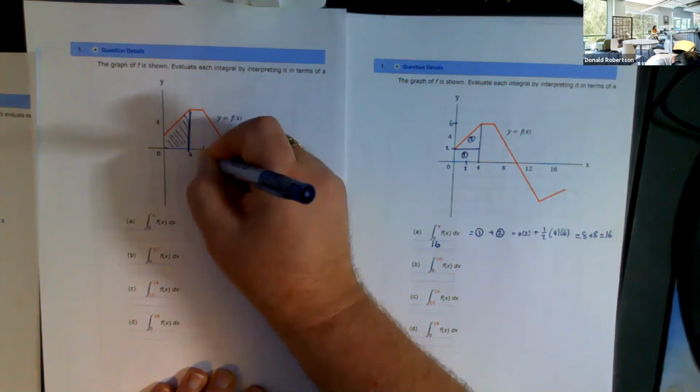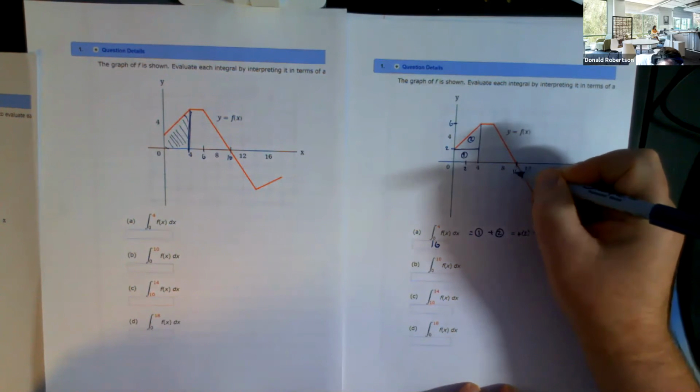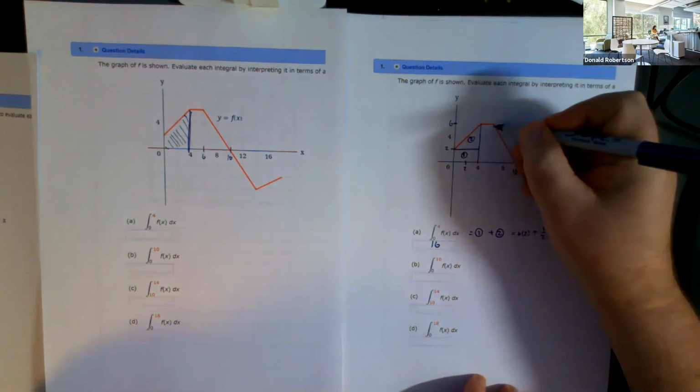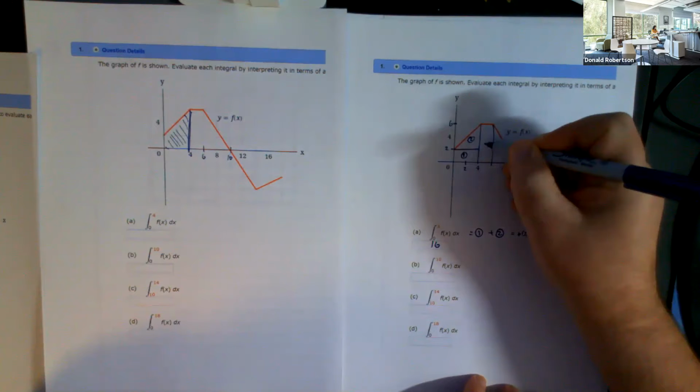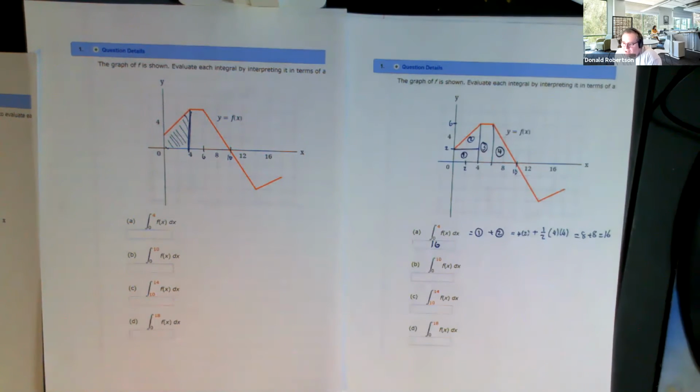Right, now suppose we move on to the next one, 0 to 10. If I put in the extra guys, there's 10. Can I split this shape into a rectangle, which I'll call 3, and a triangle, which I'll call 4?